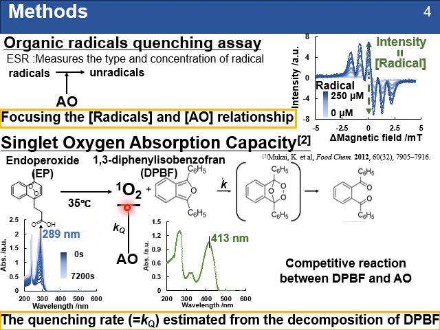The generated singlet oxygen is subject to a competitive reaction between the probe compound 1,3-diphenylisobenzofuran, DPBF, and the antioxidant. By observing the decomposition rate of DPBF, we evaluate the singlet oxygen scavenging activity of the antioxidant.